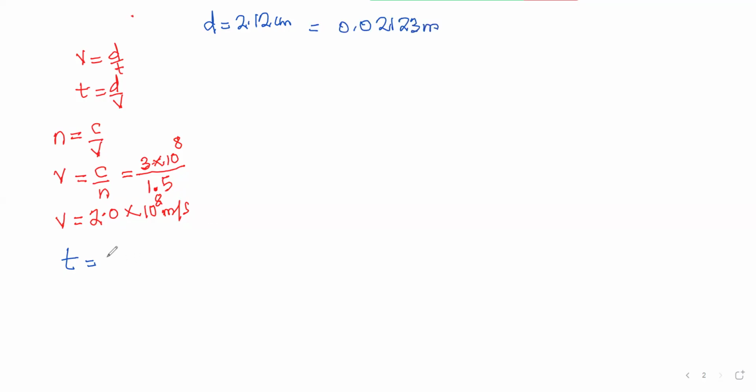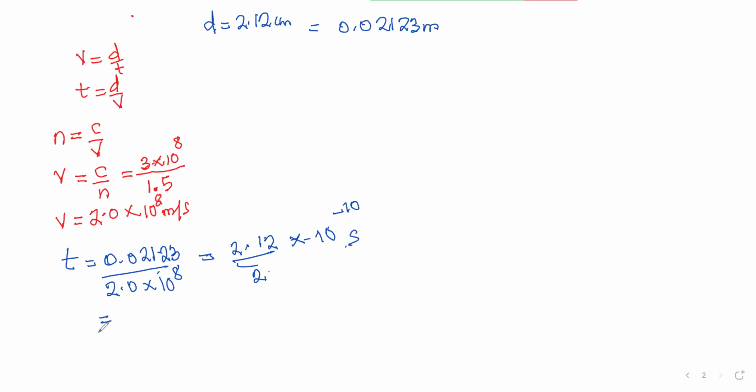Therefore, T is this distance divided by the speed of light in the medium, 2.0 times 10 to the power 8. And this must give us 2.12 divided by 2 times 10 to the power negative 10 seconds.